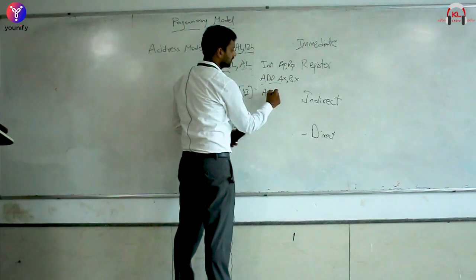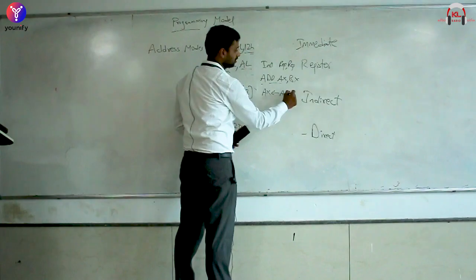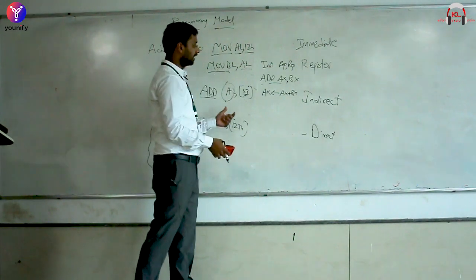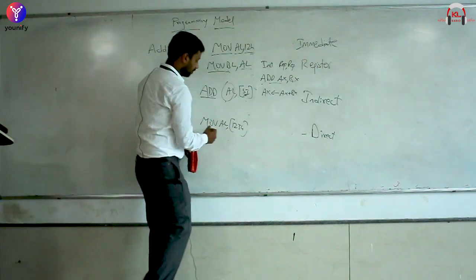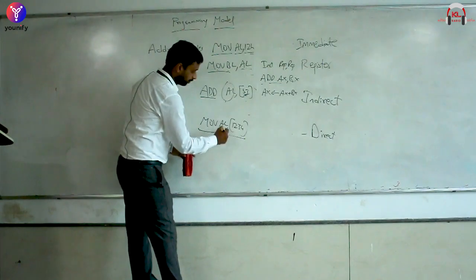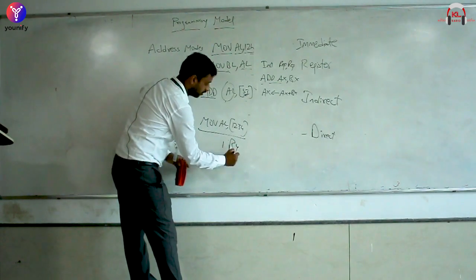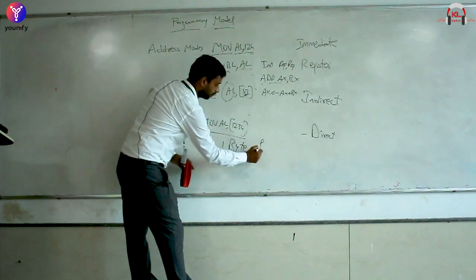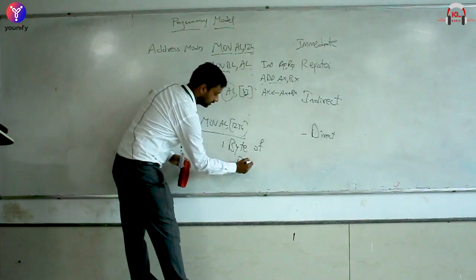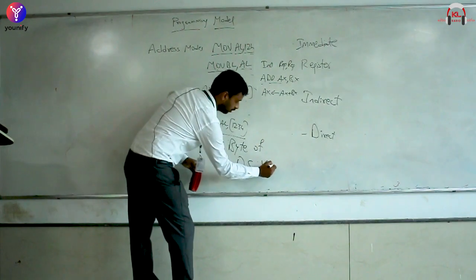The contents of AX are stored with AX plus BX. Now if we are talking about MOV AL, 1234, what happens? What contents will move? 1 byte of data, from where? From DS colon 1234.